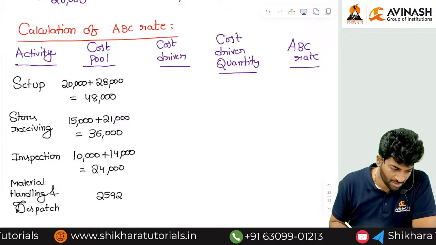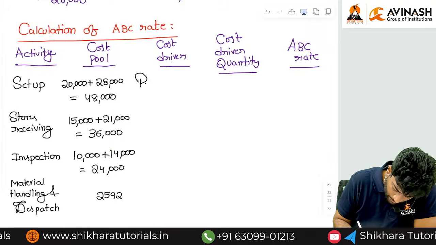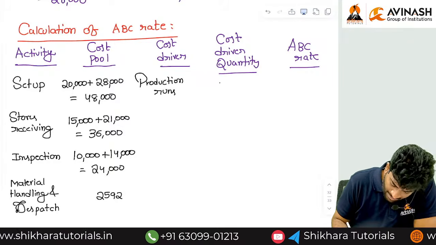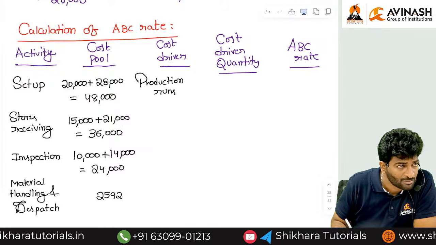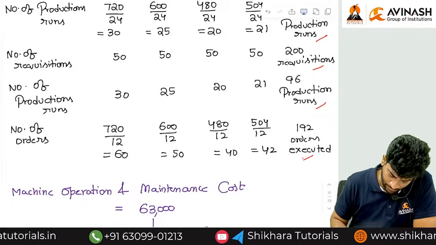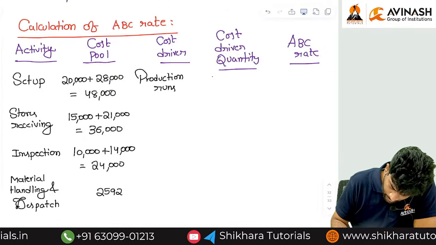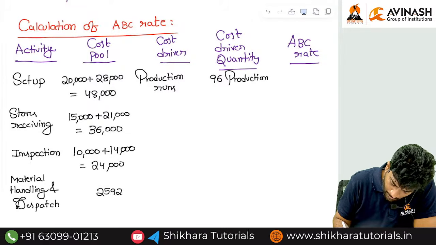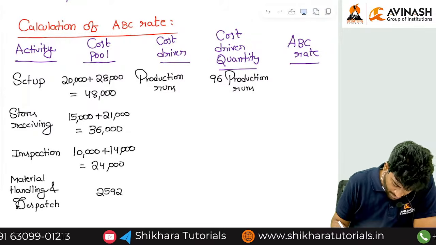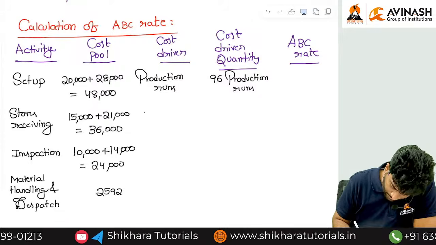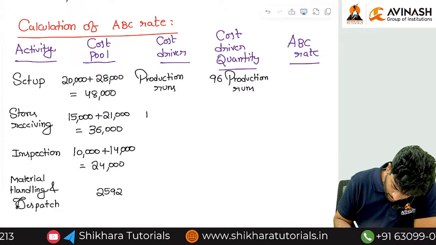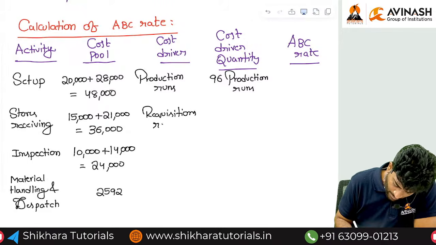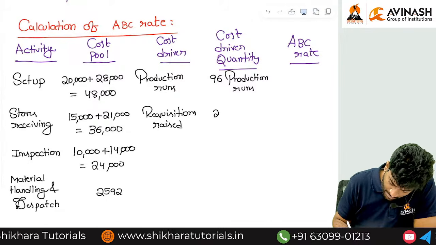Okay. Now cost driver. It is 96 production runs. 96. Next, stores receiving requisitions. They raised 100 requisitions.